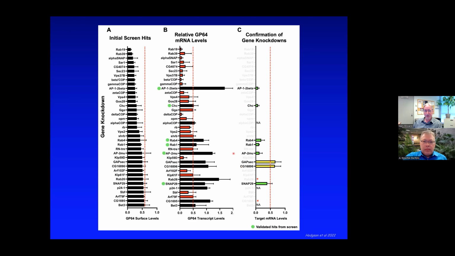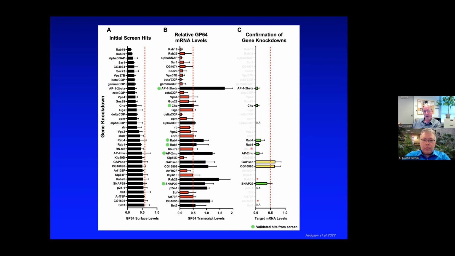Three of those are Clathrin or Clathrin adapter proteins. Clathrin is a protein that's involved in the formation of small vesicles that are involved in moving proteins around in cells, particularly in the secretory pathway and in something called endocytosis. Two others were Rab proteins that are regulators of that process called vesicular trafficking of proteins, and they're small GTPases that are known regulators.